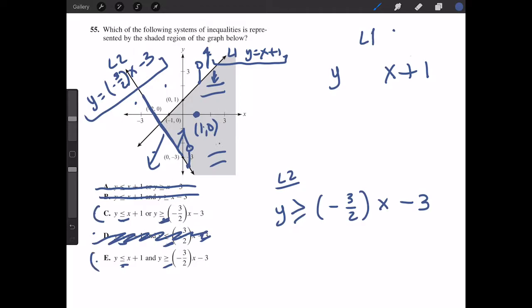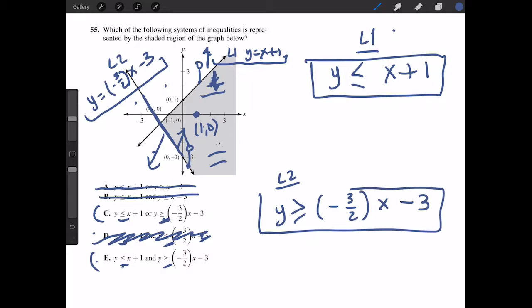We know that the equal is going to be part of it, but we don't know if it's greater than or less than. But look at both choices. Both choices contain a less than. So that tells you that, yeah, because the shaded region is below the line, less than should be the symbol being used. And yeah, along with the equal symbol, this is the correct equation that we should see on our system of inequalities.